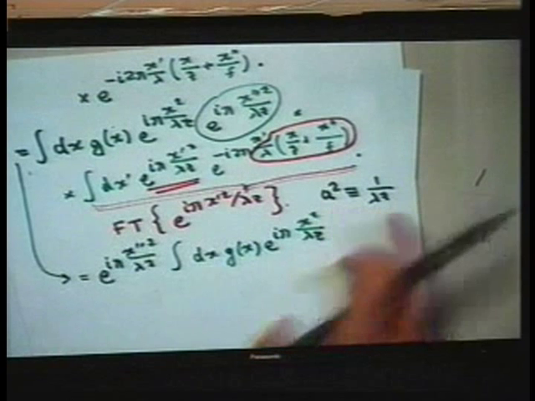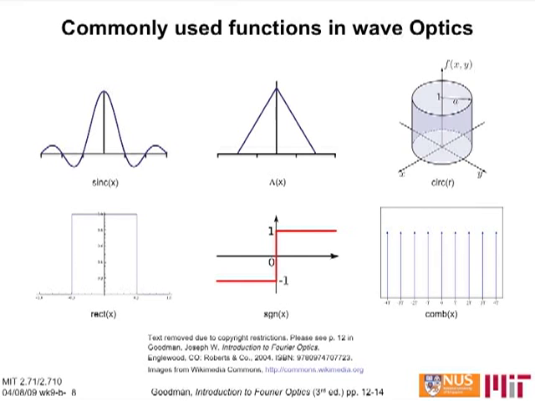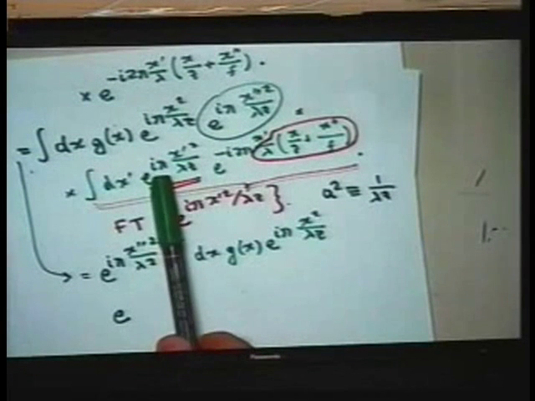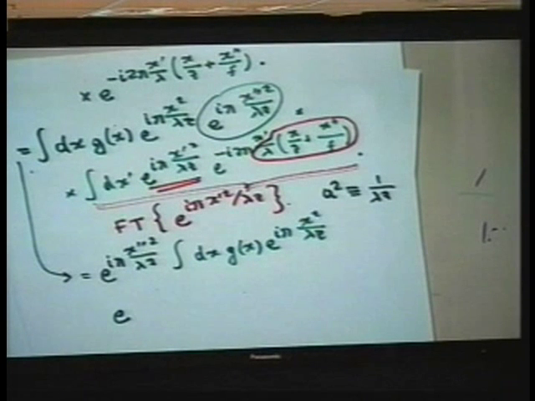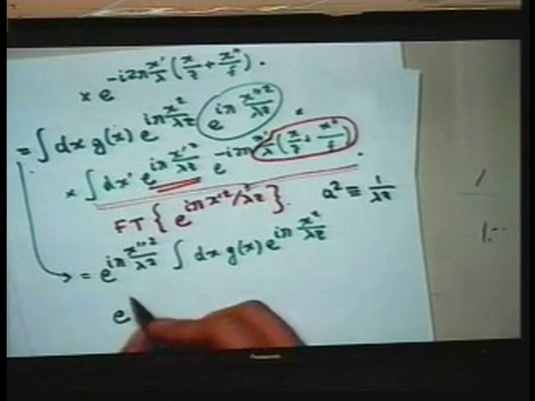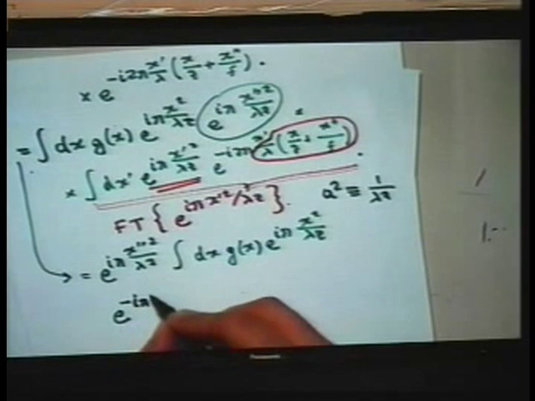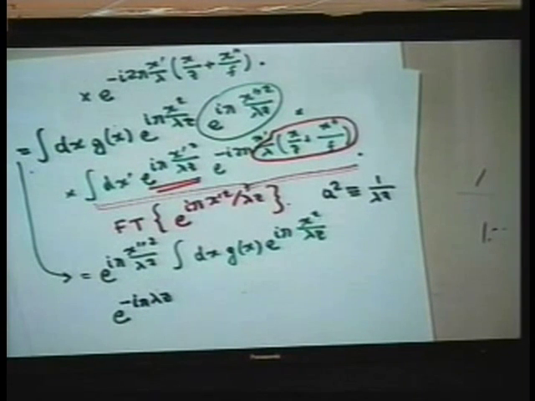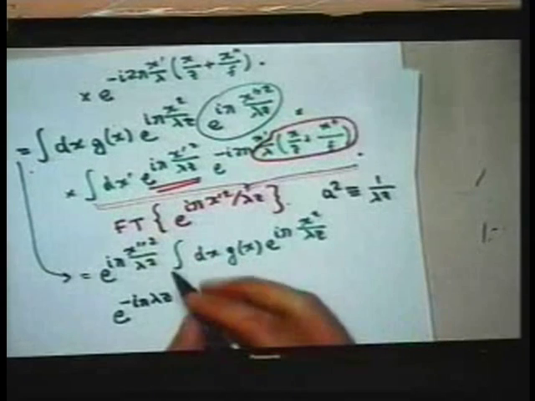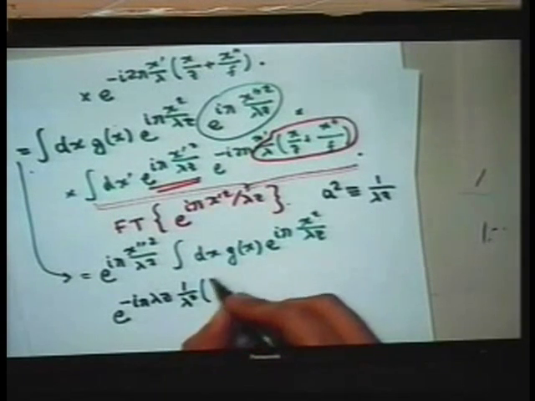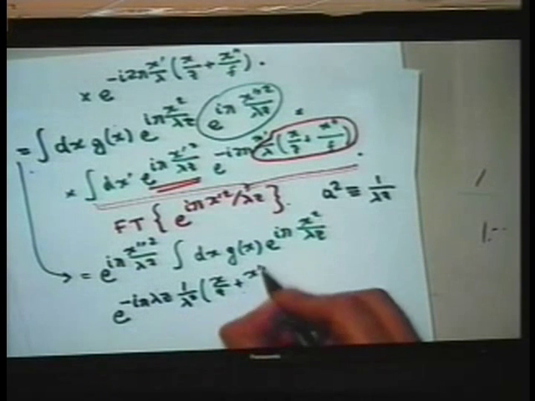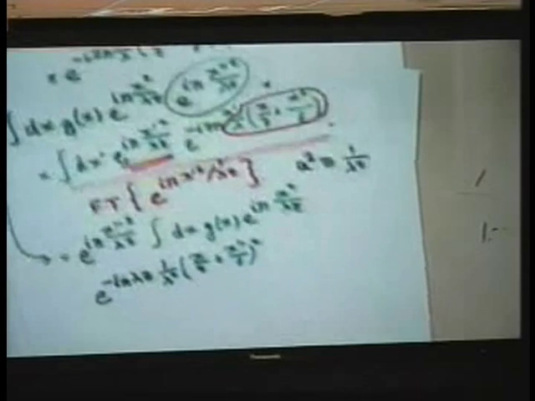Okay, so the a square that I have in the original function will go inverse in the other one. So I will get then e to the what? I will get an extra minus sign. If I have plus j here, I have minus j here. So this will then become e to the minus, well, I have all the pi's and so on, minus I pi lambda z, and then I will get the square of the spatial frequency. So it will be 1 over lambda square x upon z plus x double prime upon f squared.